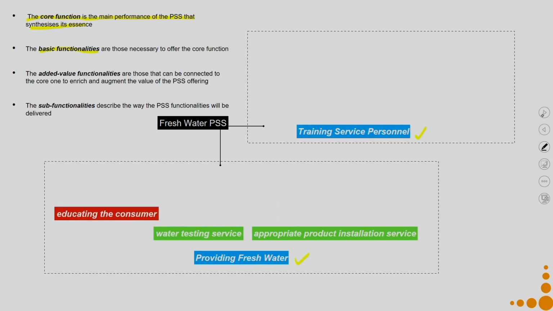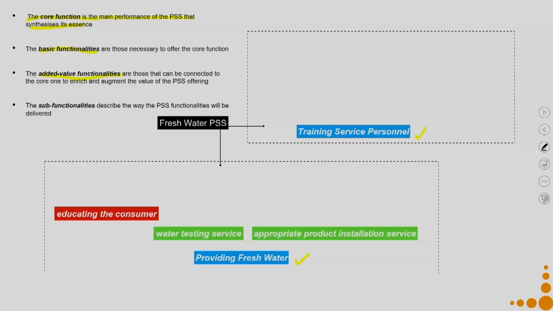Now, let us come to added value functionalities. Added value functionalities are those that can be connected to the core one to enrich and augment the value of the PSS offering. You can manage without added values also, but added value is something which actually enriches and augments it, and it sets you apart from your competitors. So, say for example, educating the consumer, you can do without that.